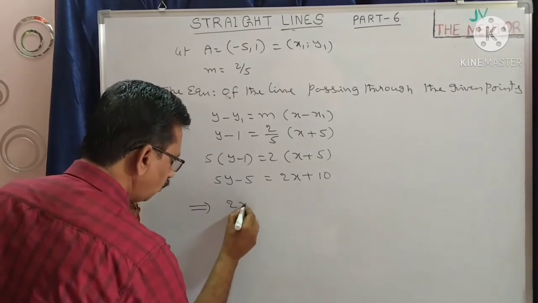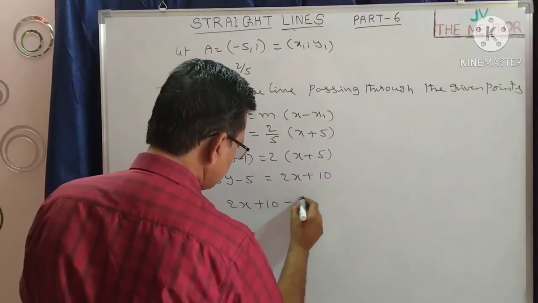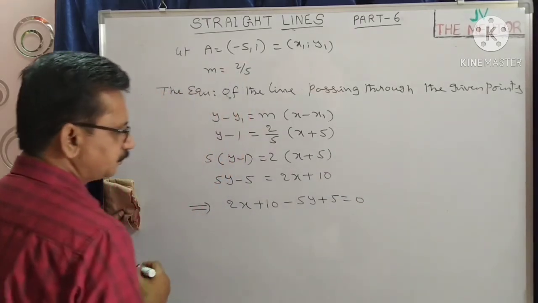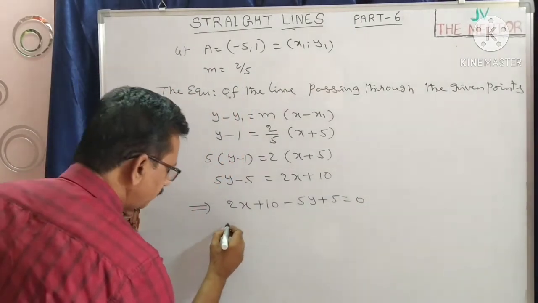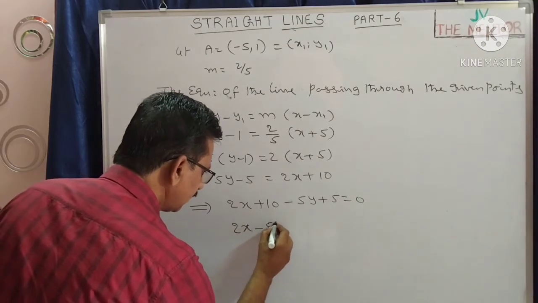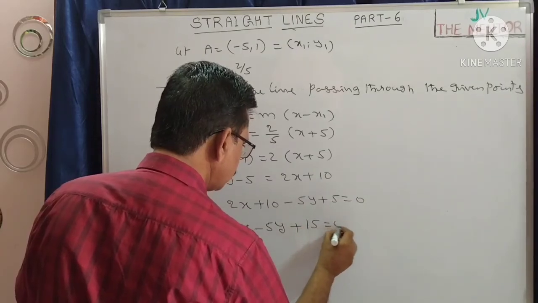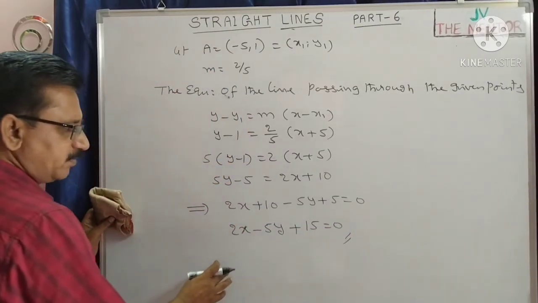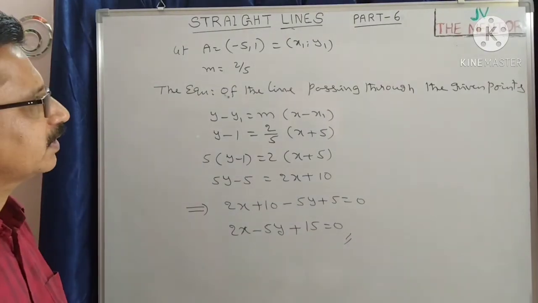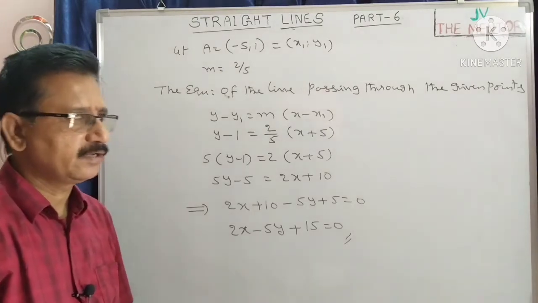Then we have 2x plus 10 minus 5y plus 5 equal to 0. Taken in order, 2x minus 5y plus 15 equal to 0. Here 10 plus 5 is 15. This is our required line equation.